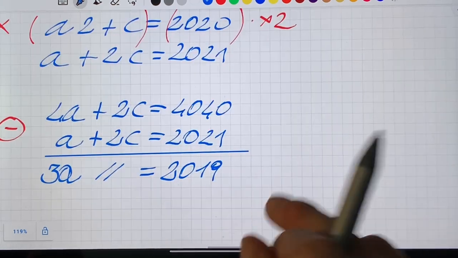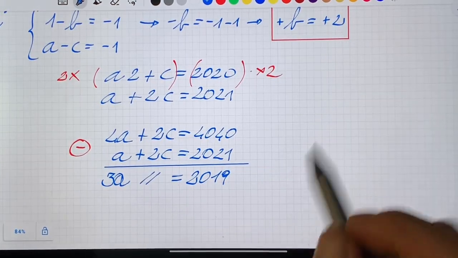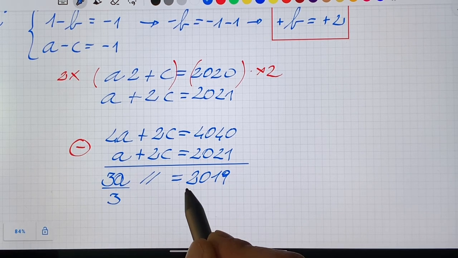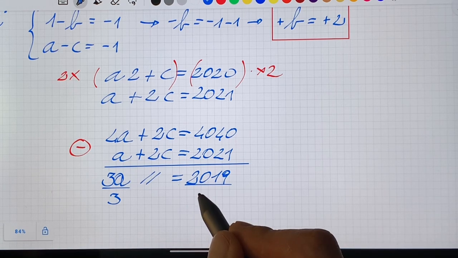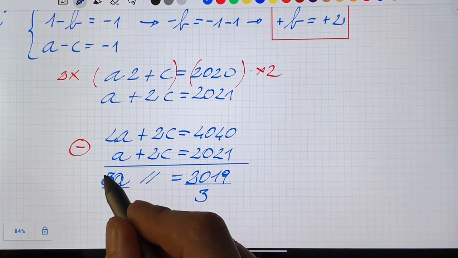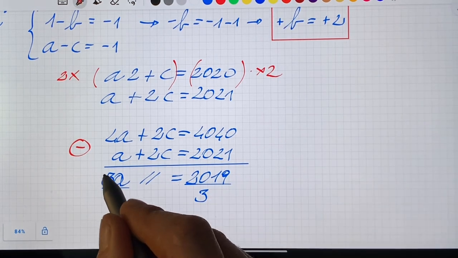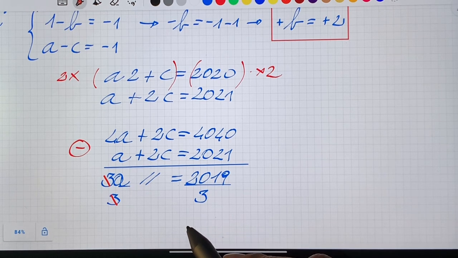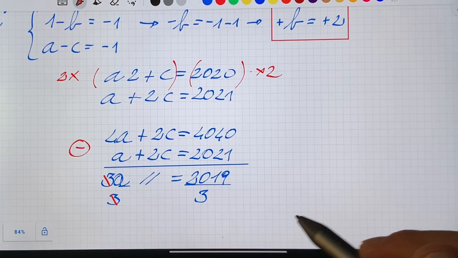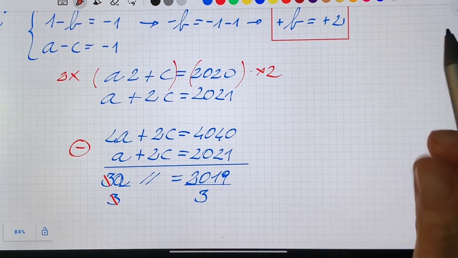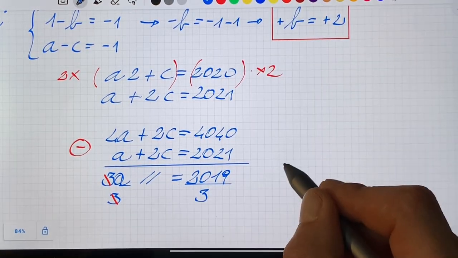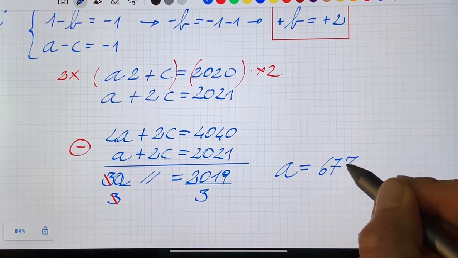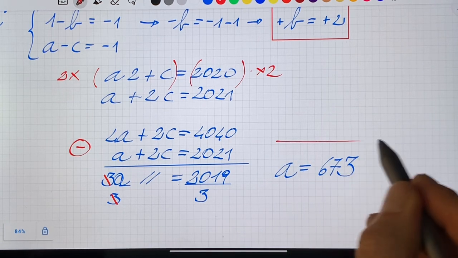So, in order to find a, we will divide left-hand side by 3 and right-hand side by 3. So, this is a. And 2019 divided by 3 is 673. So we get a is equal to 673 in the second case.